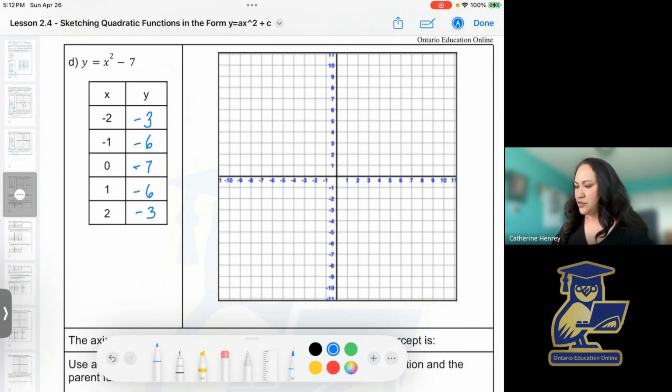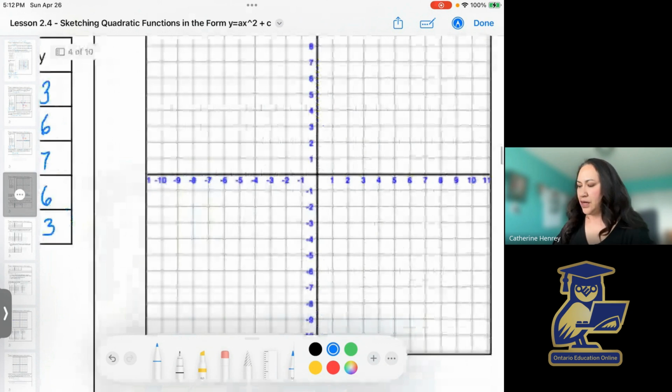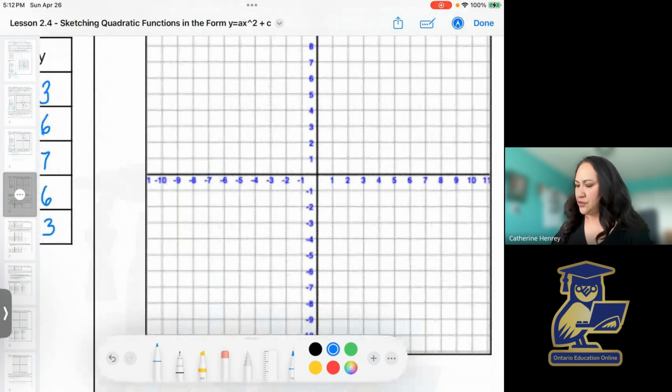So let's plot those points on the graph and have -2, -3, -1, -6, 0, -7, +1, -6, +2, -3. Let's shift that up a little bit.